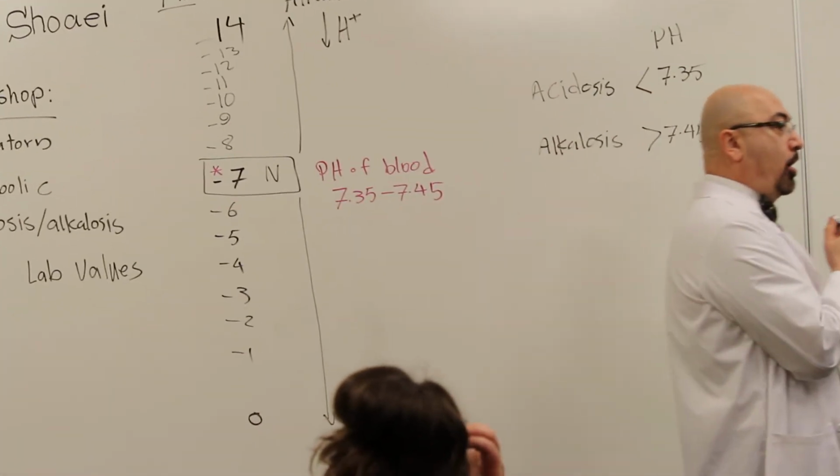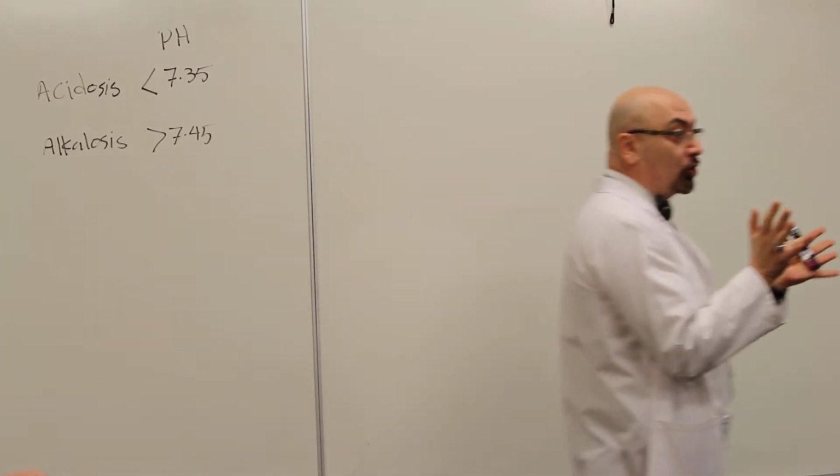Now, there are 3 major body systems that get to play the role of a buffer, so they respond to changes in our bodies. And we learned that it's called homeostasis. So to maintain homeostasis and homeostatic balance, we have some ways to play with the chemistry of the blood and chemistry of the body.